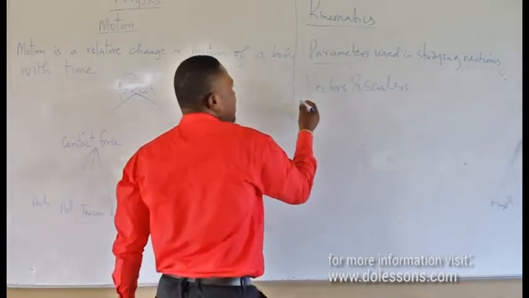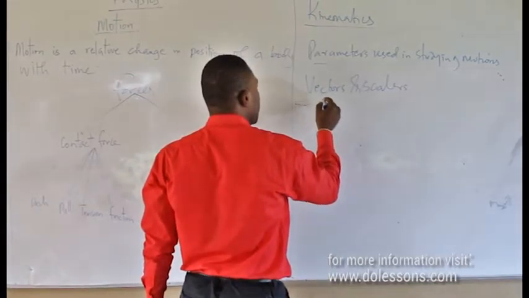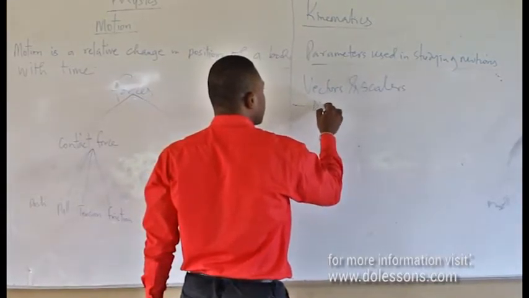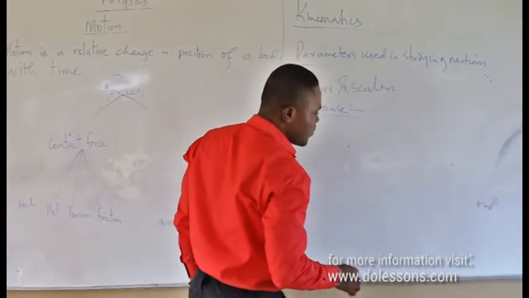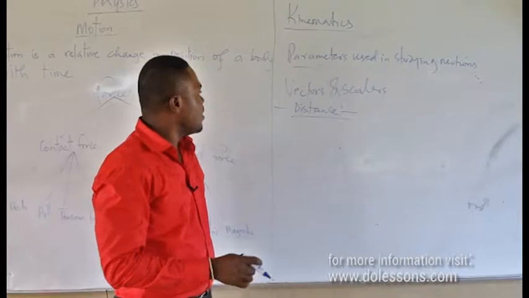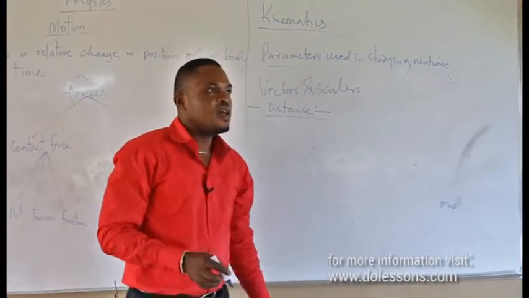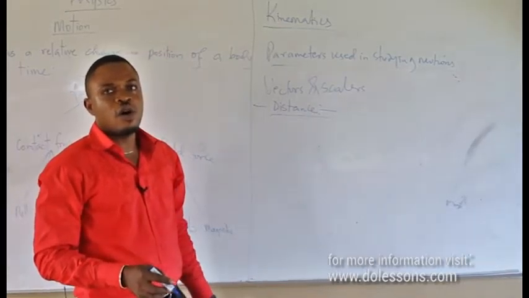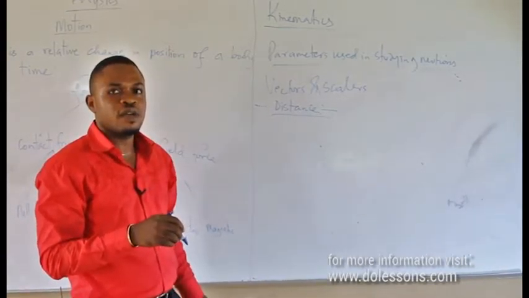One of the parameters used in studying motion includes, one, distance. Distance is a measure of length of a position of a body with regard to its initial point.